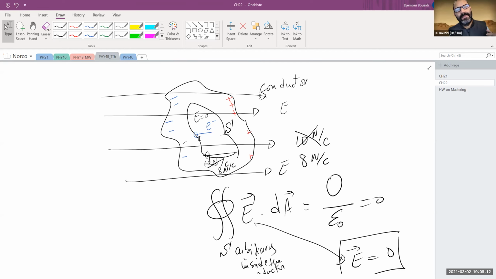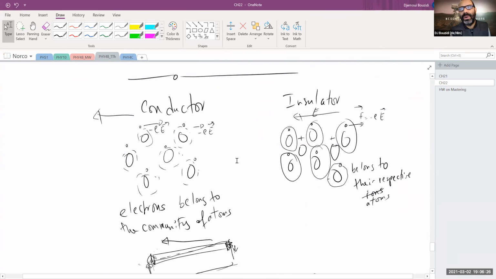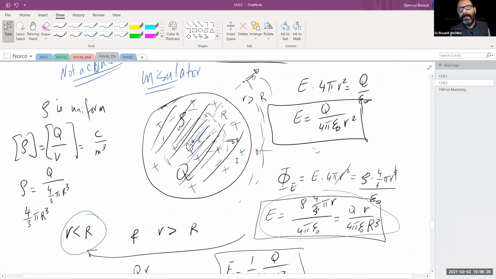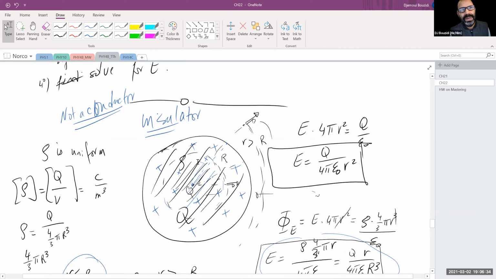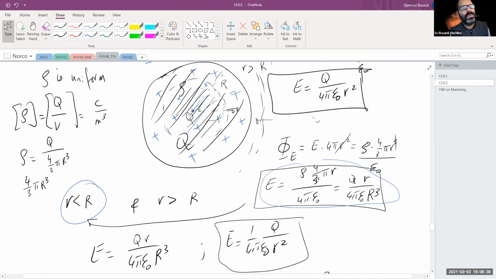Does this make sense to you guys? At least the interpretation of these things? Yes. Okay, remember the fact that inside the conductor, the electric field is zero, no matter how you do it. That's why I was making a big fuss over the fact that this sphere better be an insulator, because if it's a conducting sphere, the electric field, this result we found, will be zero.